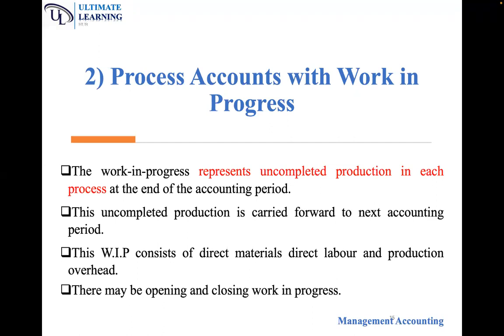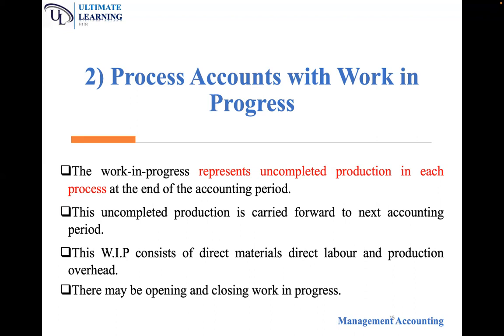Now, when we look at work in progress, you can be asked to prepare process accounts with work in progress. Always check in the exam questions, which work in progress do you have? Do you have only closing work in progress? For example, if you are in process one, you cannot have opening work in progress.